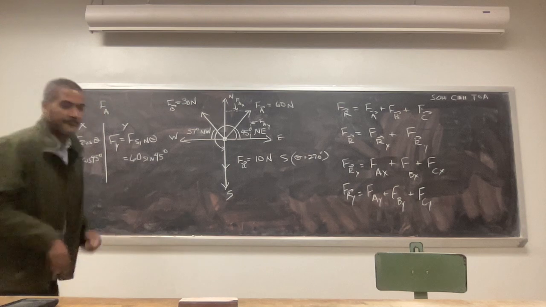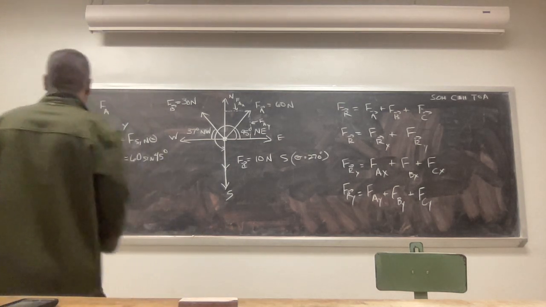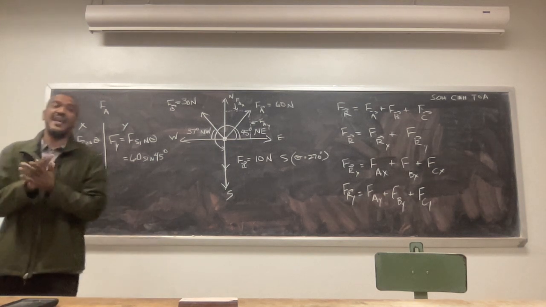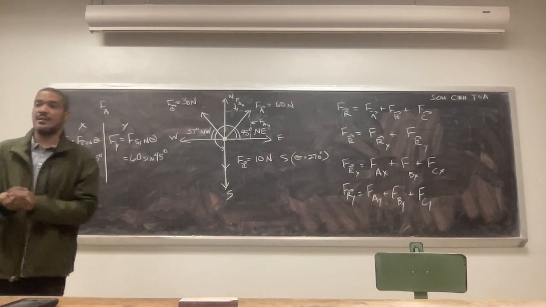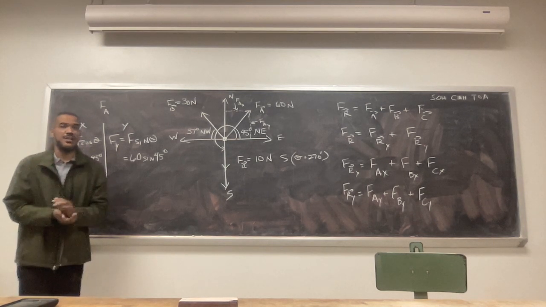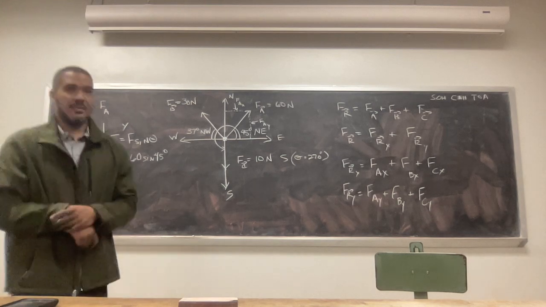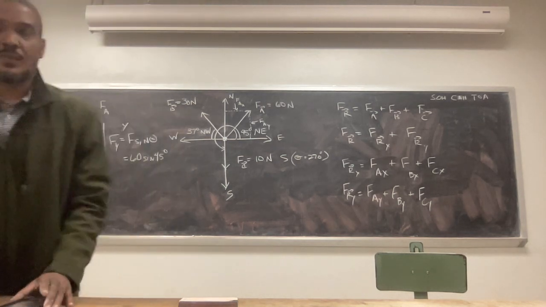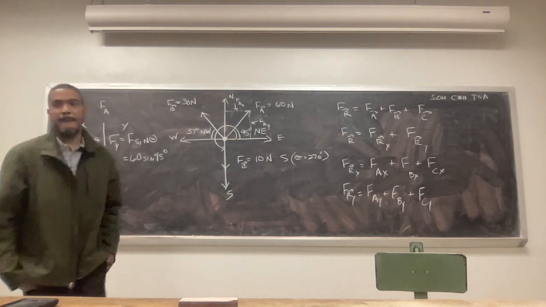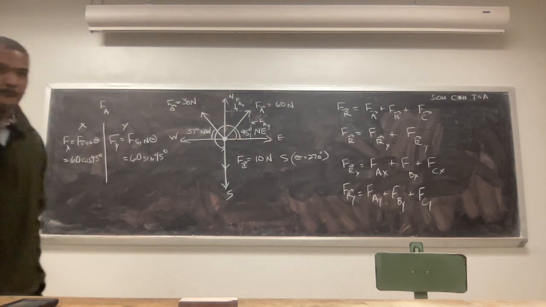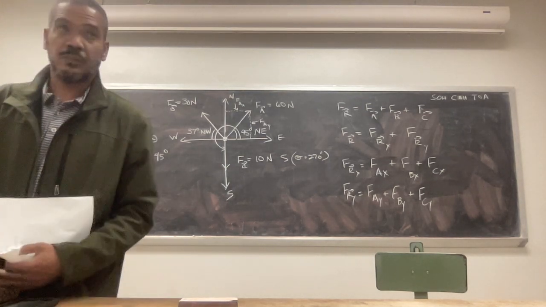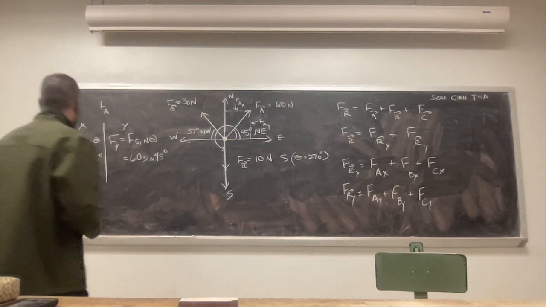Okay? So now we got our components, F of A x and F of A y. What are they? Where your calculators at? And you should be in degrees. For which one?